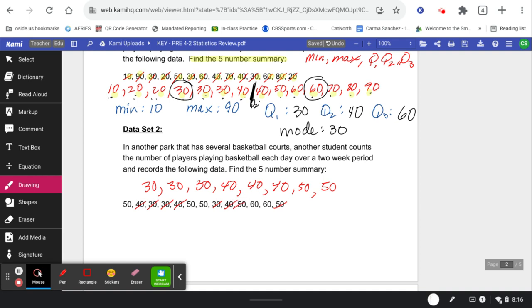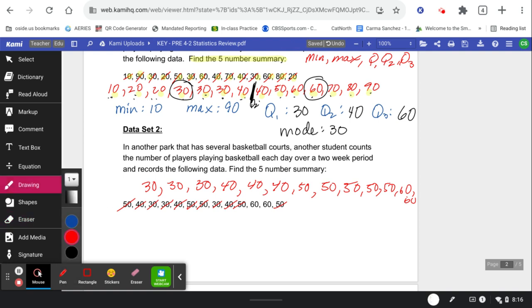Now, I don't know if you're like me, but I always don't leave enough space to write all the data. So try to write it way left. See how I'm going to be running out of space here in just a second? And then 60 and 60. So see how that worked out? That's super annoying when we're trying to work with the data. So please try to write this as far left as possible and don't do like Ms. Sanchez did and run out of space.